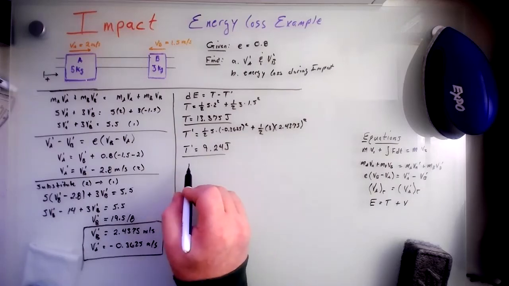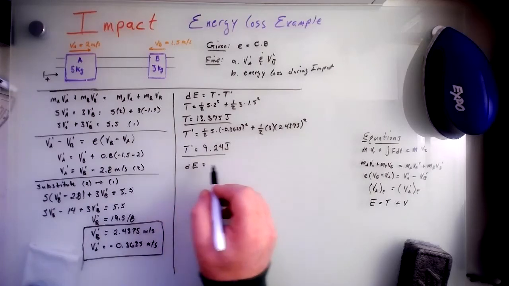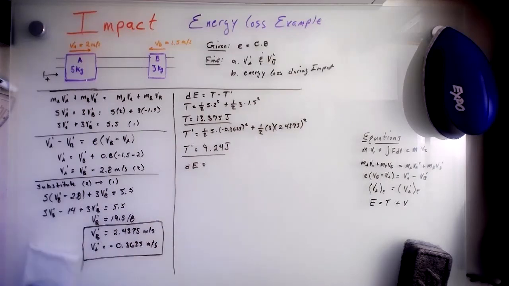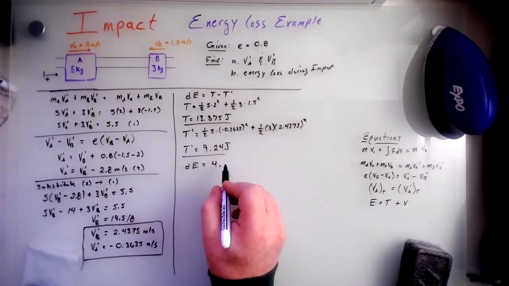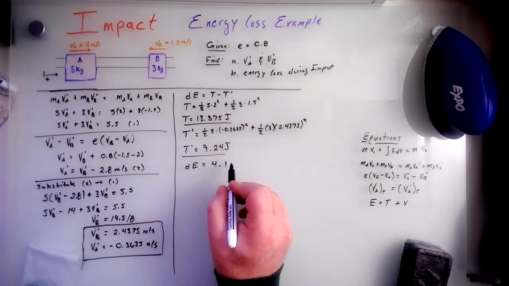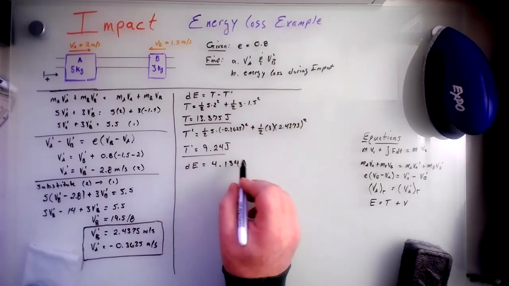Right, so dE is going to be equal to T minus T prime, and we get 4.134 joules.